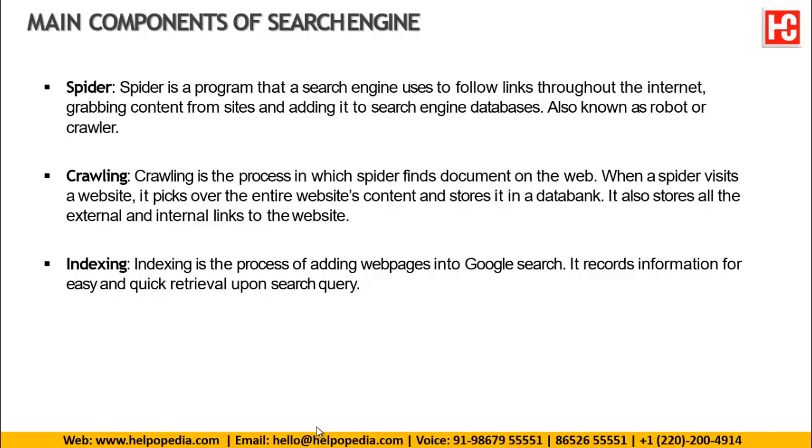If I have written some content, then only that content will be taken. But if I copy some content from some other person's website, then that content will not be picked up, because Google will get to know that this person has copied this content from this particular website. Google gets to know all these things, and even we get to know.